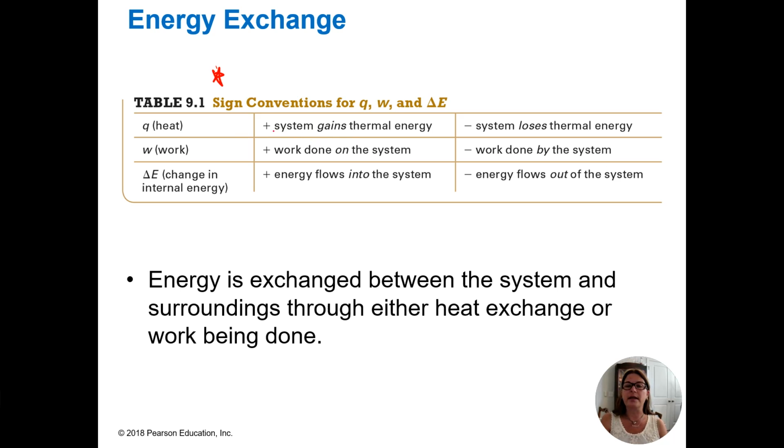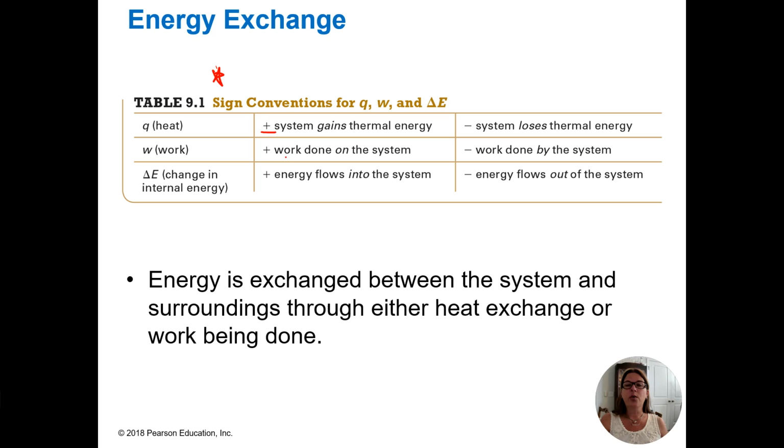When Q is positive, that means the system is gaining energy. That means heat is going from the surroundings into the system. If it's negative, it's losing thermal energy or heat. So that means it's going from the system into the surroundings.